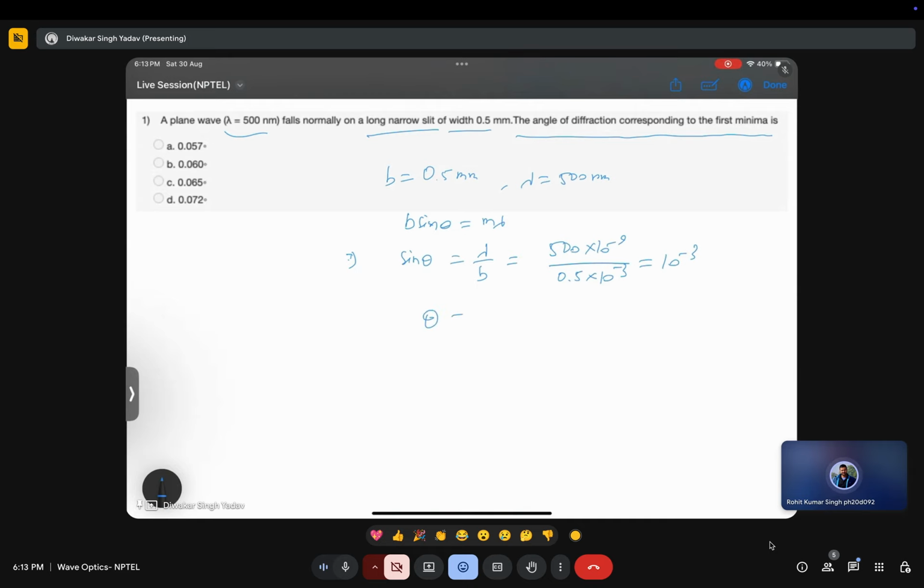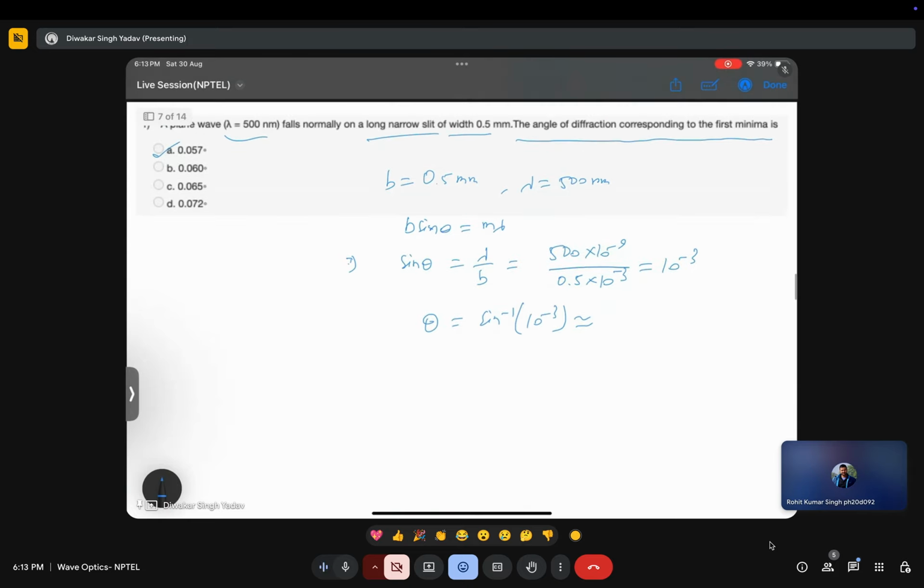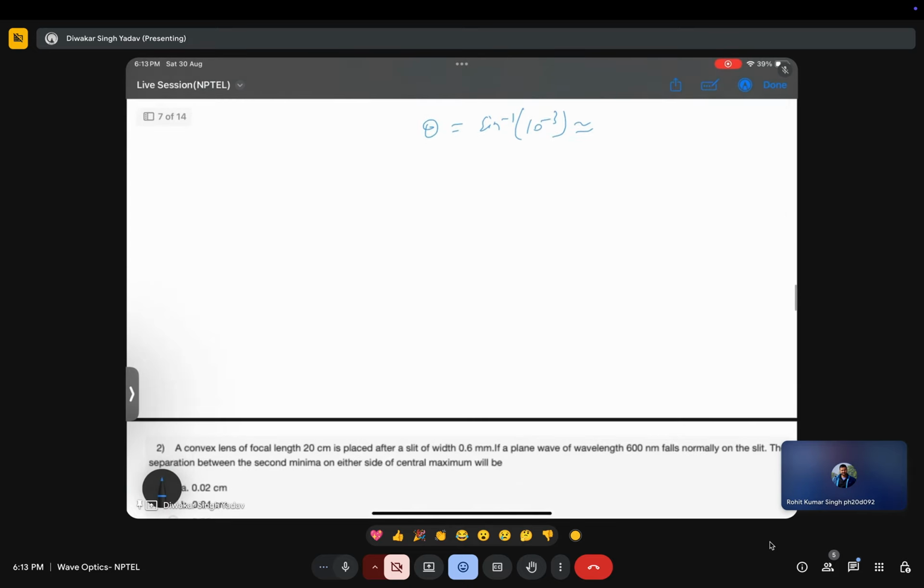So theta will be sine inverse of 10 to the power minus 3. I think it will be a very small angle, so you can calculate it. The answer is basically the first one. This is an easy one. Let's move to the next problem.